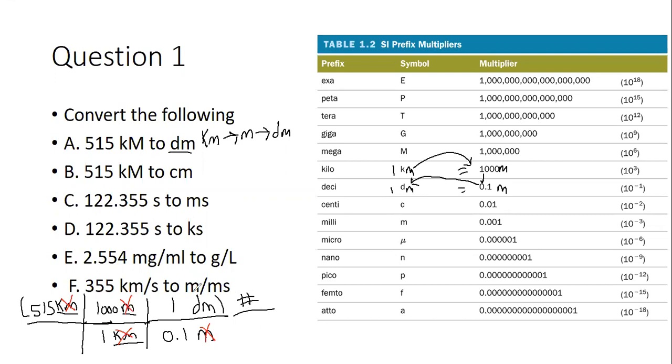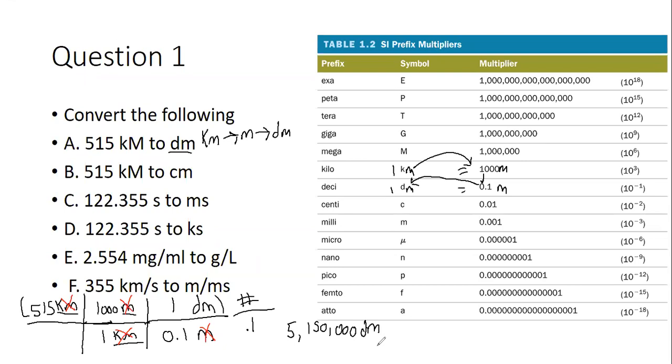So you take the number you got from multiplying the top, divided by the bottom number, which is 1 times 0.1, or just 0.1. And the answer you should get, if I put it into my calculator, should be 5,150,000 decameters. And that's the answer for the A.